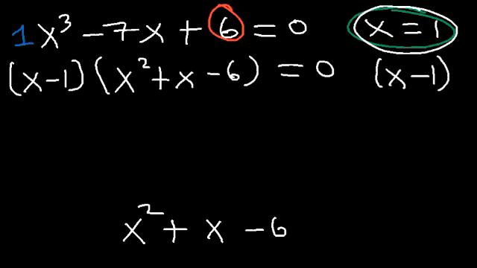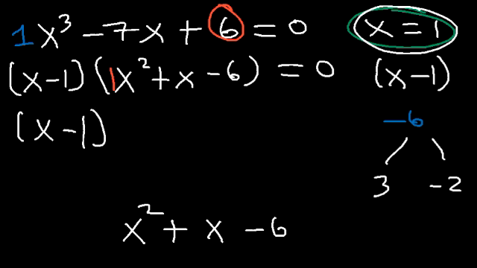But now we have a trinomial, and let's see if we can factor it. What two numbers multiply to negative 6 but add to the middle term 1? Negative 6 is 3 times negative 2, and 3 plus negative 2 adds up to 1. So to factor x squared plus x minus 6, it's going to be x plus 3 times x minus 2.